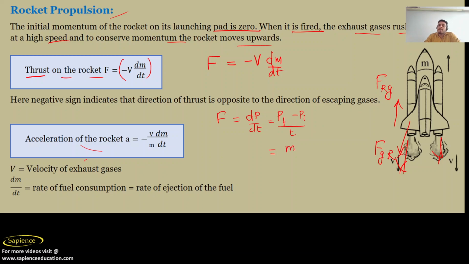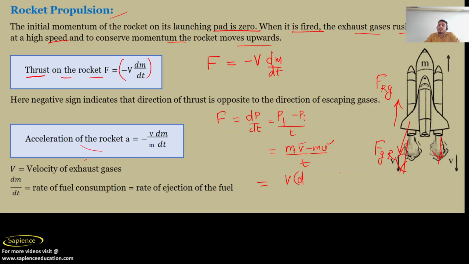So can we write here mass into velocity, mv minus mu by t? Since velocity is constant here, we can take out velocity, and mass is not constant.